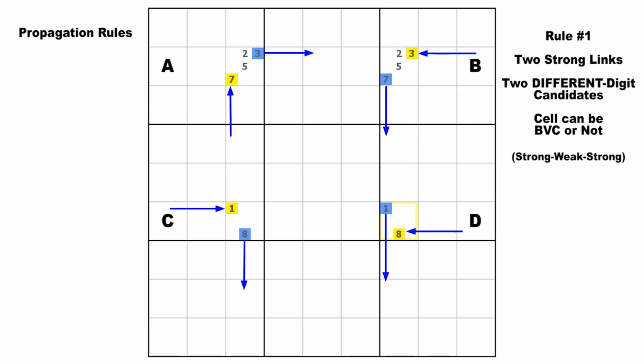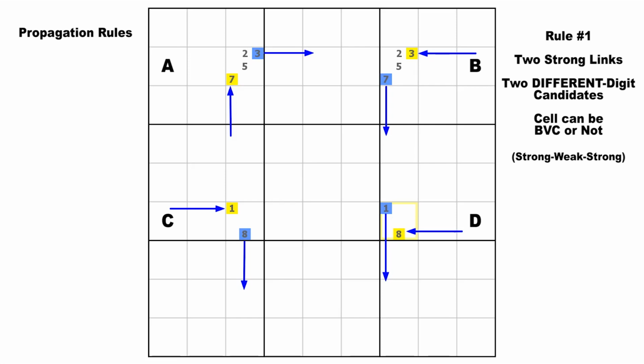So in these 4 cells, A, B, C, and D, you can see that this is the case. 2 strong links connected to 2 different digit candidates. In A and B, there are more than 2 candidates, and in C and D, there are only 2 candidates.